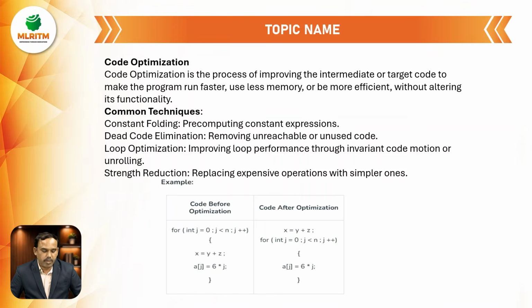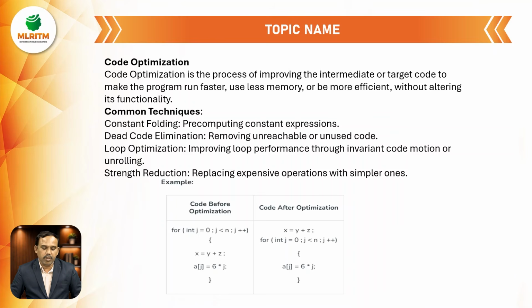Code optimization. Code optimization is the process of improving the intermediate or target code to make the program run faster, use less memory, or be more efficient without altering the functionality.